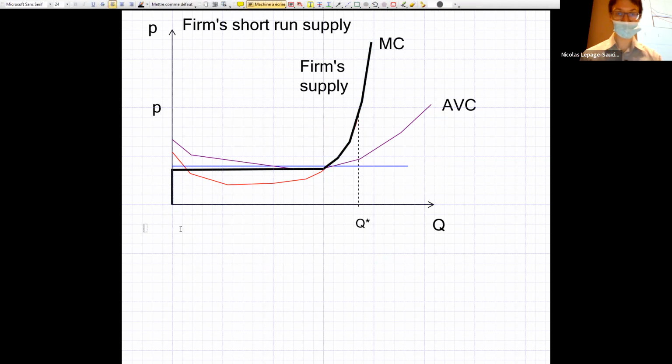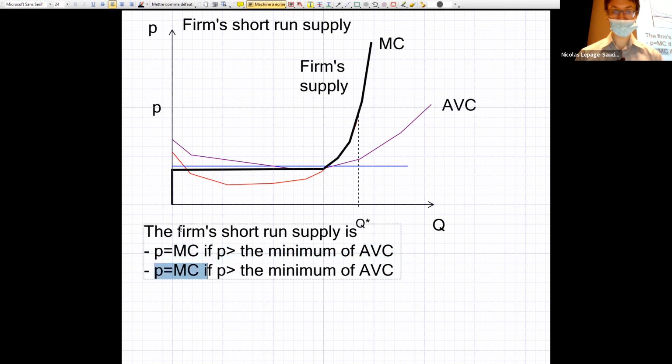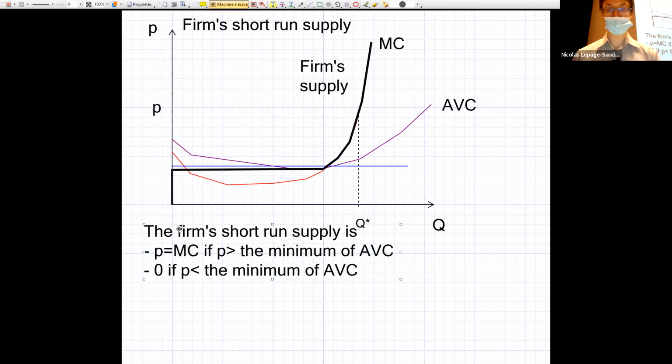Let me just briefly state this. So, if the price is above average variable cost, the minimum, then the firm produces.